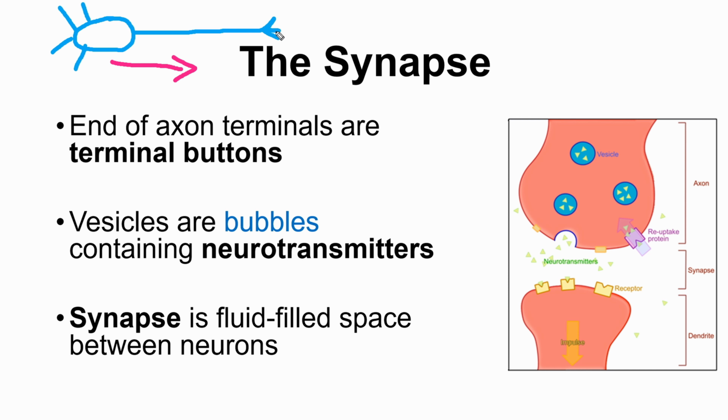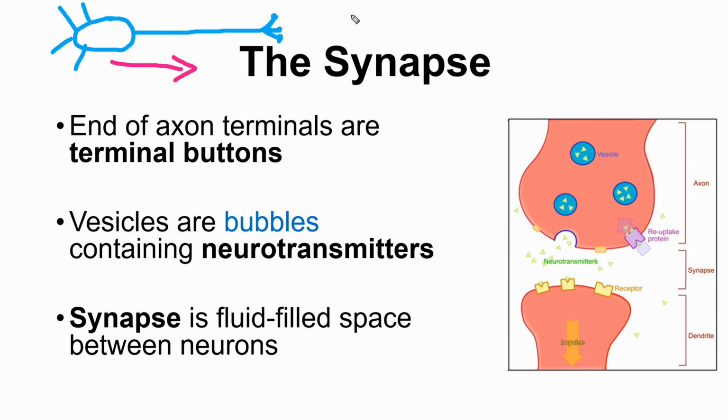Once we get to the axon terminals, at the very bottom, we have what are called terminal buttons, which are basically just these little protuberances. They look like little balls on the end of the axons, and that's just to increase surface area to help us transmit the signal better to the next cell.